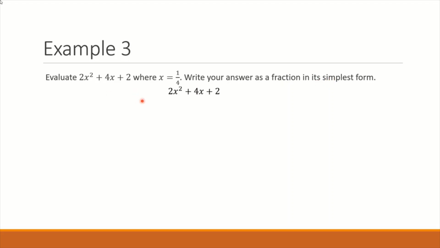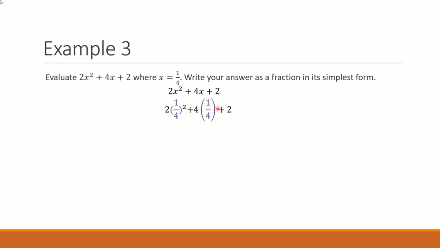So you're going to write out 2x squared plus 4x plus 2. Write the whole expression first. Then plug in the 1/4, replace all the x's with whatever it's asking. And it's best to do that with parentheses, especially if it's negative.